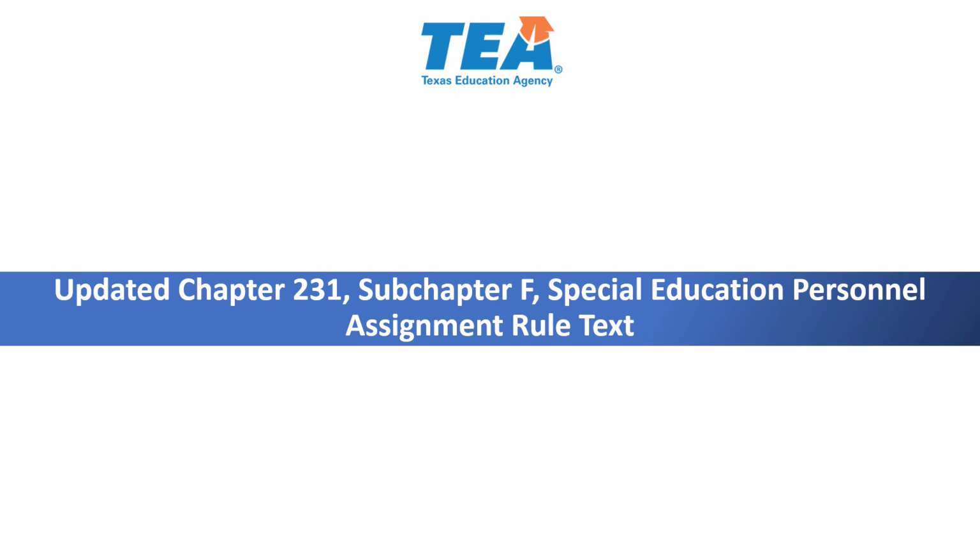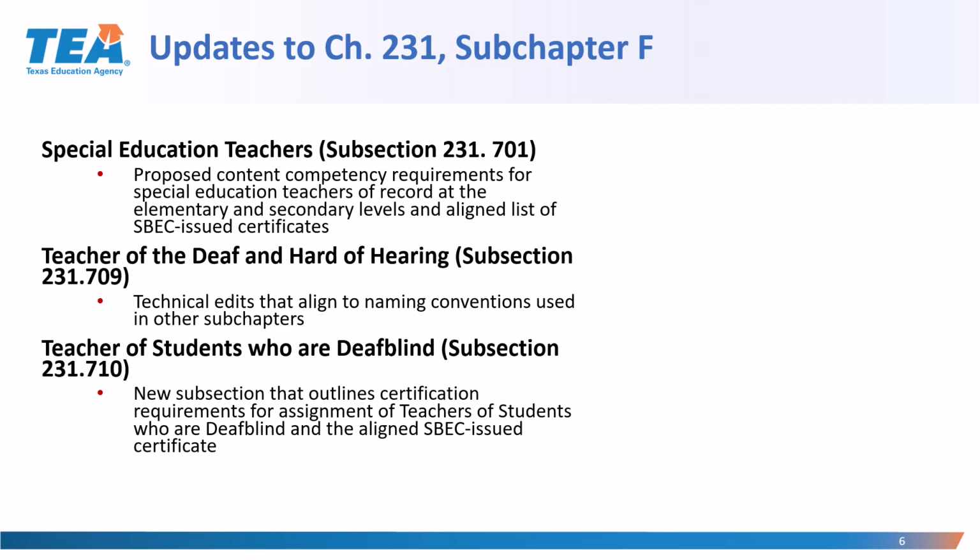We'll begin by taking a look at the updated Chapter 231 Subchapter F Special Education Personnel Assignment Rule text. In the SBEC's most recent round of rulemaking related to Chapter 231 Subchapter F, updates were made in three subsections. First, subsection 231.701 related to assignment of special education teachers.